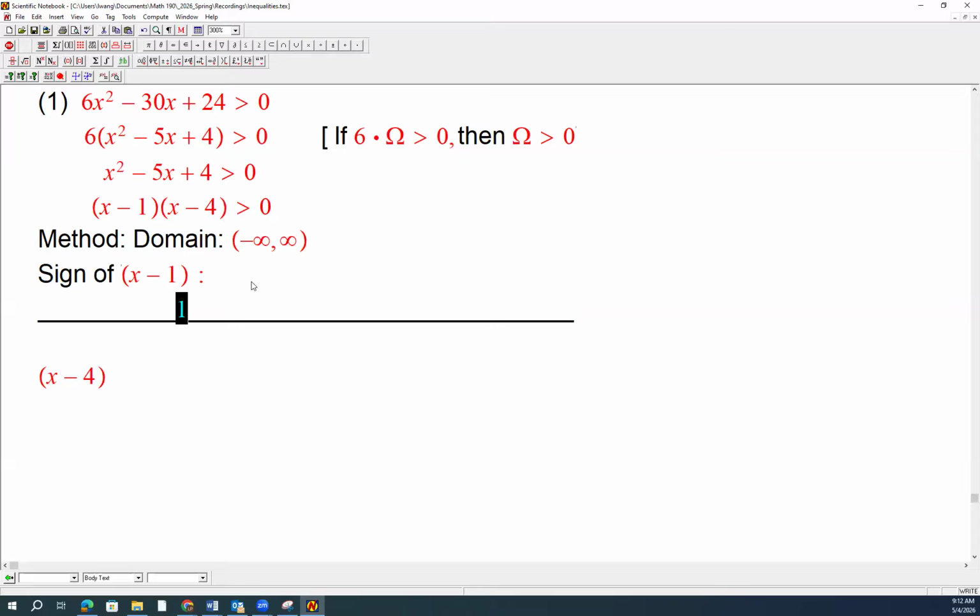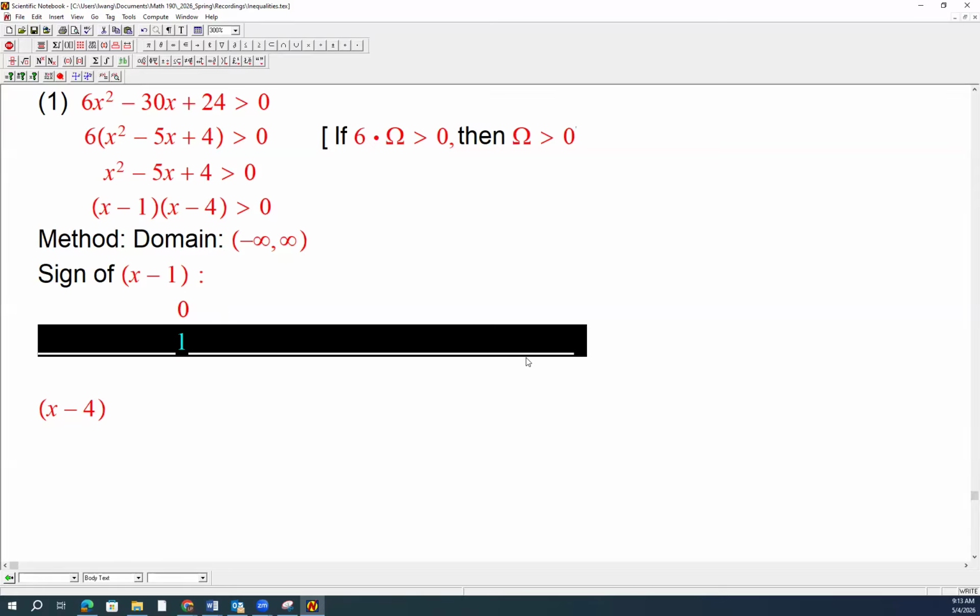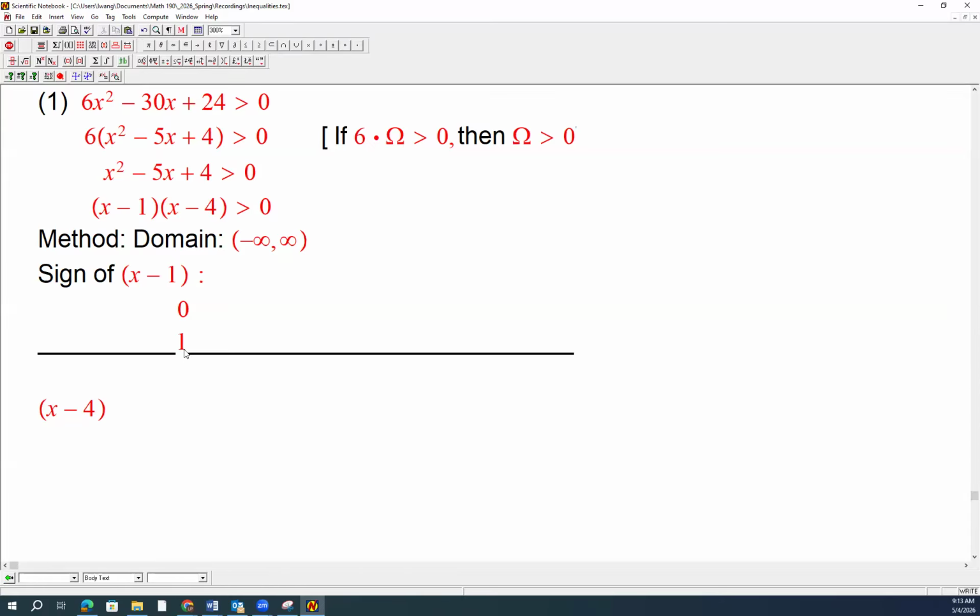So 1 is the value; when 1 is plugged in, x minus 1, we get 0. Okay, so that's how you read this chart. The number line is scattered with the values of x. So when x equals 1, you plug in x minus 1, we get 0.